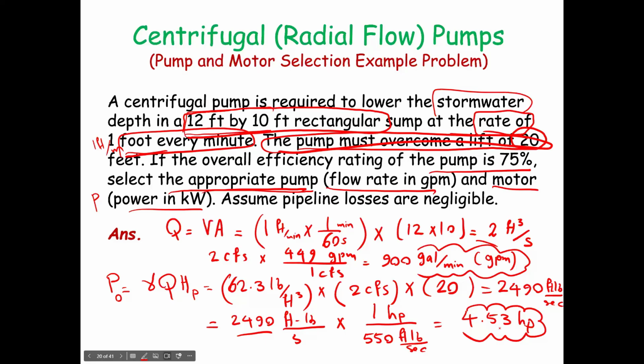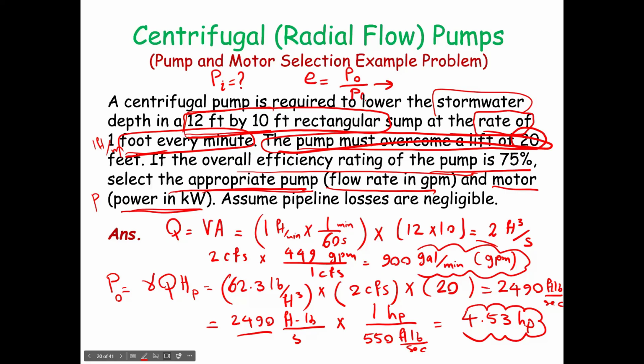The last part asks for the power in, right? If the overall efficiency is this, select the appropriate pump and motor power. So you need to know PI as well. Efficiency is PO divided by PI.